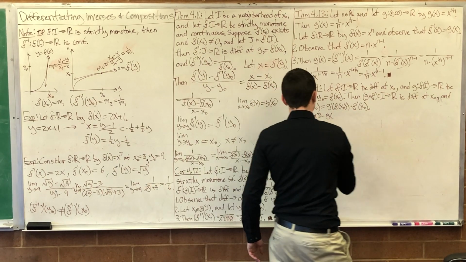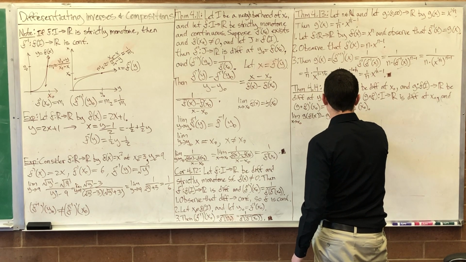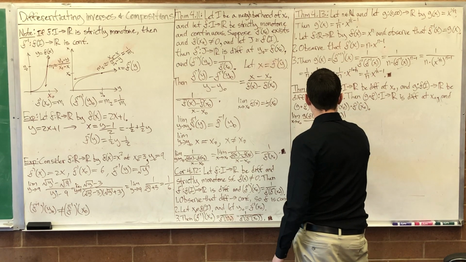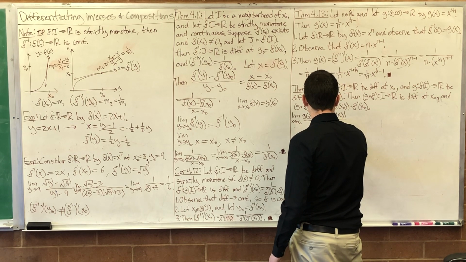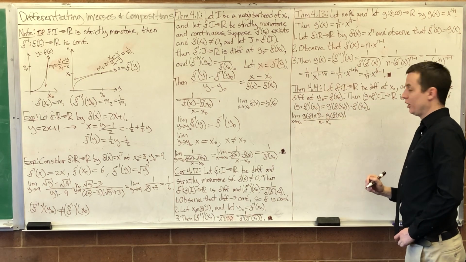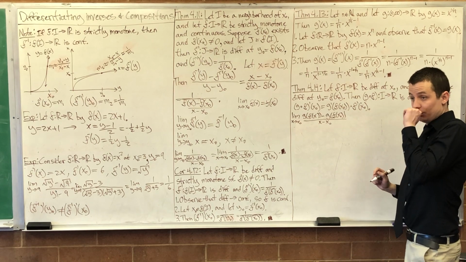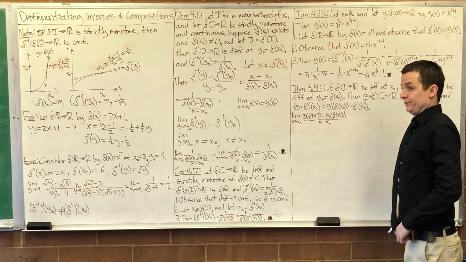X. Over g of f of x naught all over x minus x naught. Right? That's what we're trying to solve, and we're trying to show that this is equal to this thing. With me so far? Yeah.